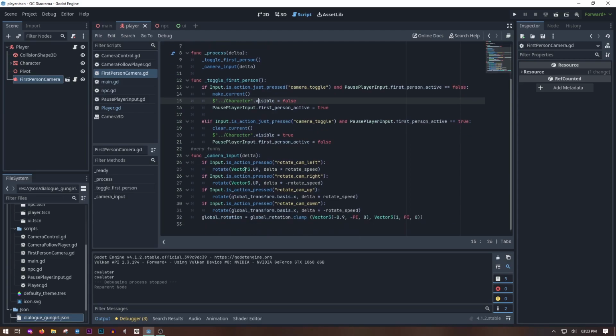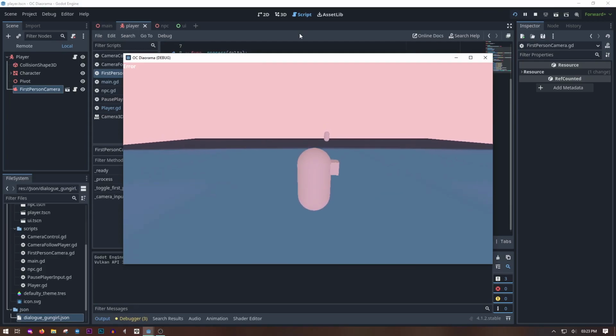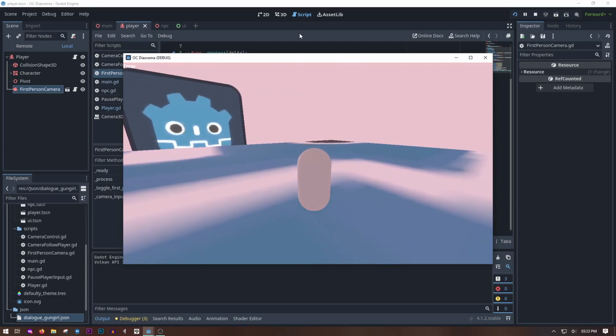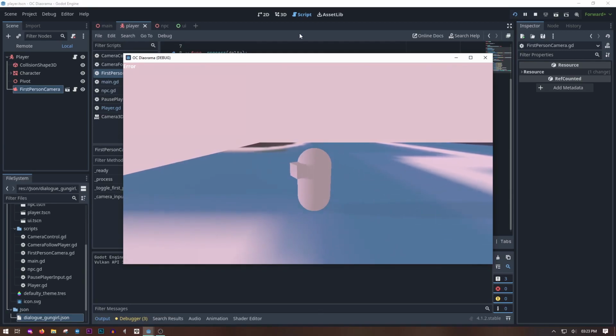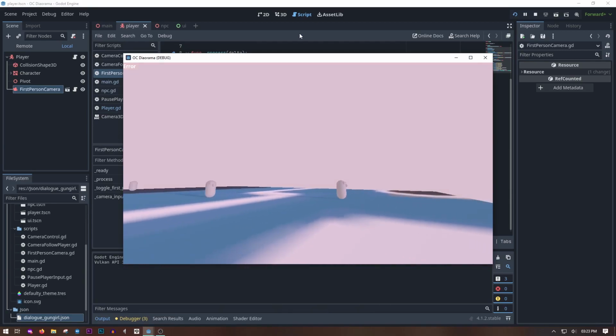It's got nothing to do with the way the character is facing. It's got everything to do with the input. Much in the same way that when I move left and right, the camera doesn't rotate with me. The camera is only rotated like this. The camera input has no effect on the character's rotation, and the same is true for first person.